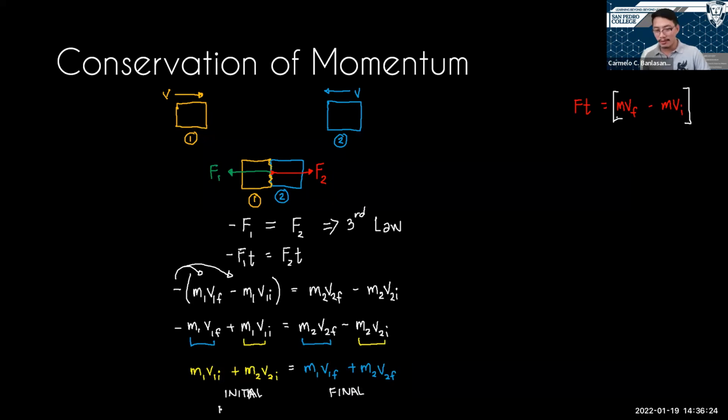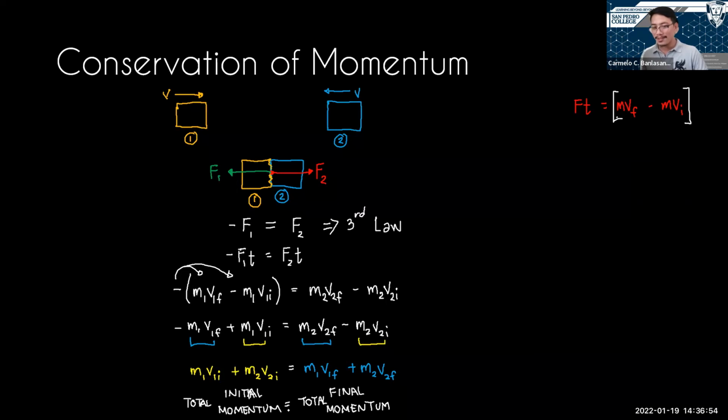Good? In this case, momentum. So initial momentum is equal to final momentum. Good. So initial is equal to final. Now you added the initial momentum, so we put total.